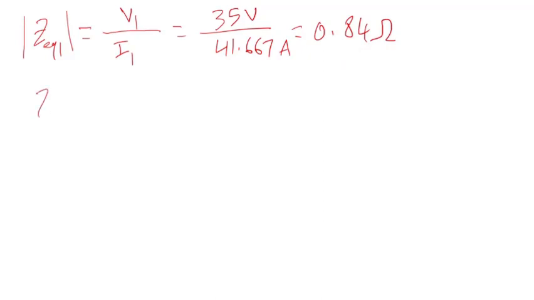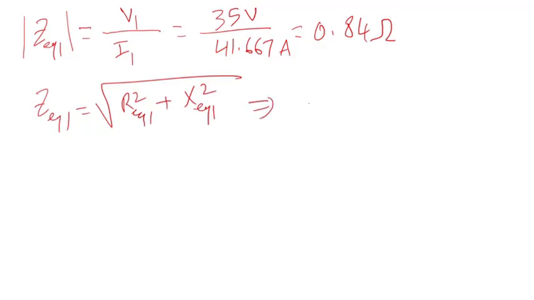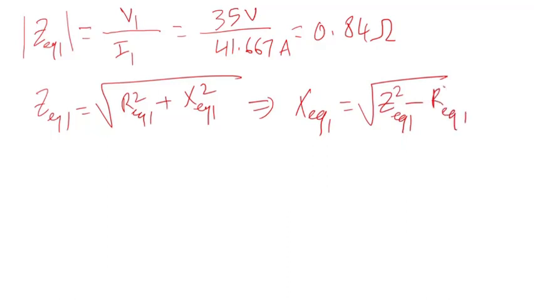And we know impedance, these are magnitudes, is the square root of R equivalent 1 squared plus X equivalent 1 squared. That means X equivalent is equal to the square root of Z equivalent 1 squared minus R equivalent 1 squared. If you plug in all the numbers, this is equal to 0.822 ohms. So that's the reactance.